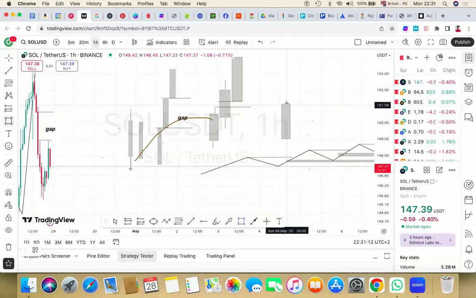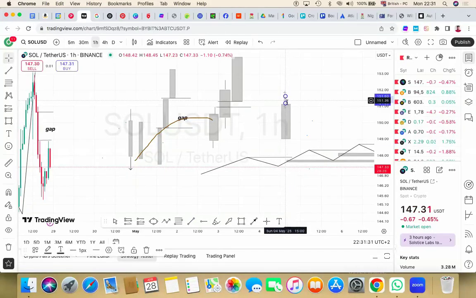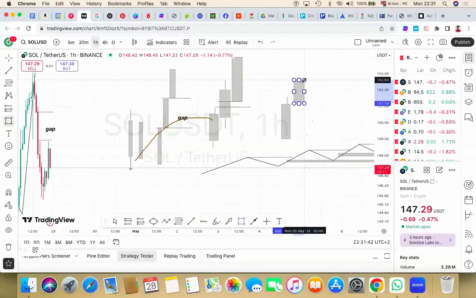So you can have this that is having a shorter body, sorry, that's having a tiny wick. Don't mind my drawing, even though it's not that clear, just get the point. So we might see something like this.